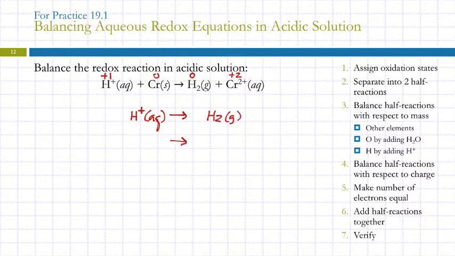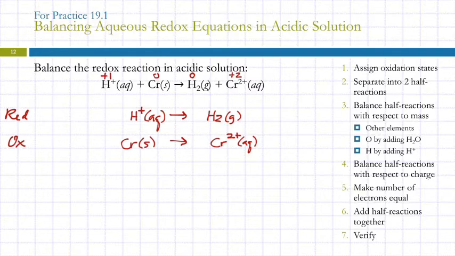And then the other one is going to be chromium going to chromium ions. So there's my half reactions. This first one is the reduction, and the second one is the oxidation.